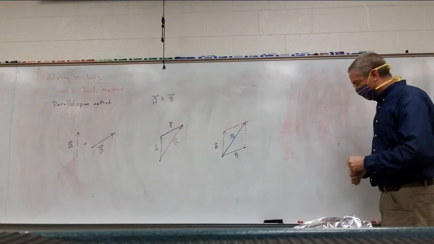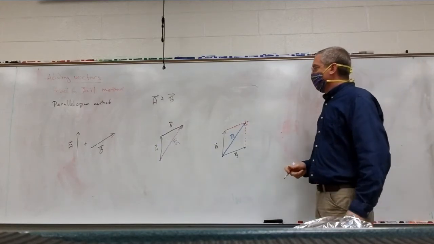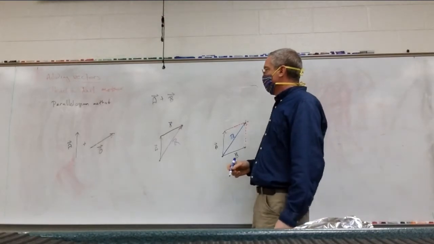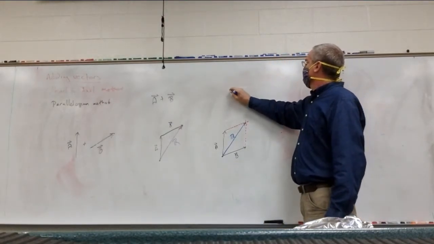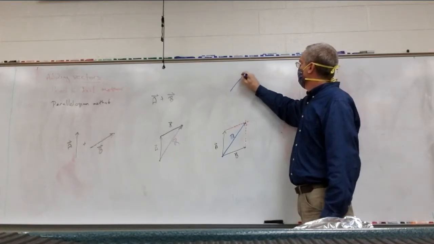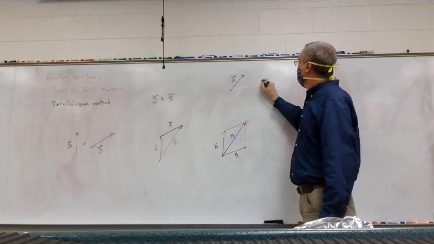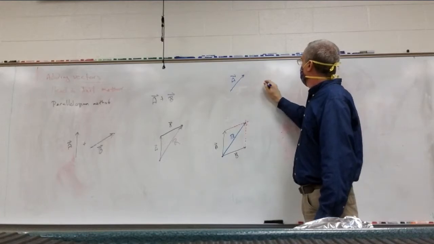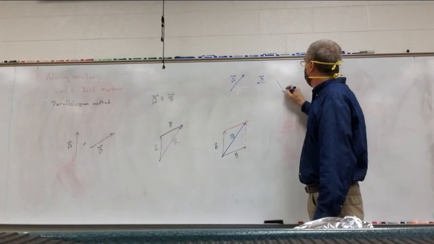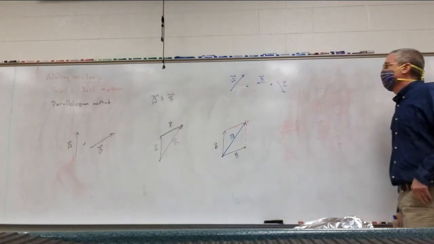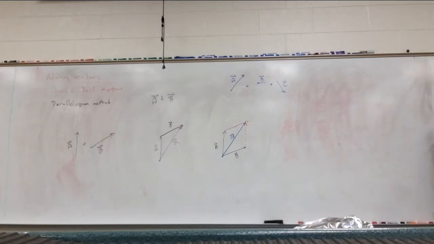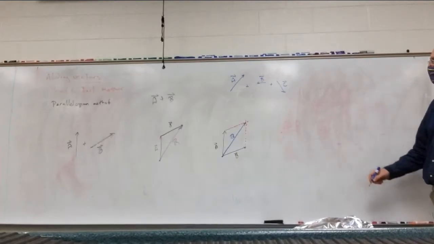All right, so let's add three vectors. So A, B, and, let's start over again. New letters, or new vectors. A, B, C. So I picked one of them, doesn't matter which one I pick.